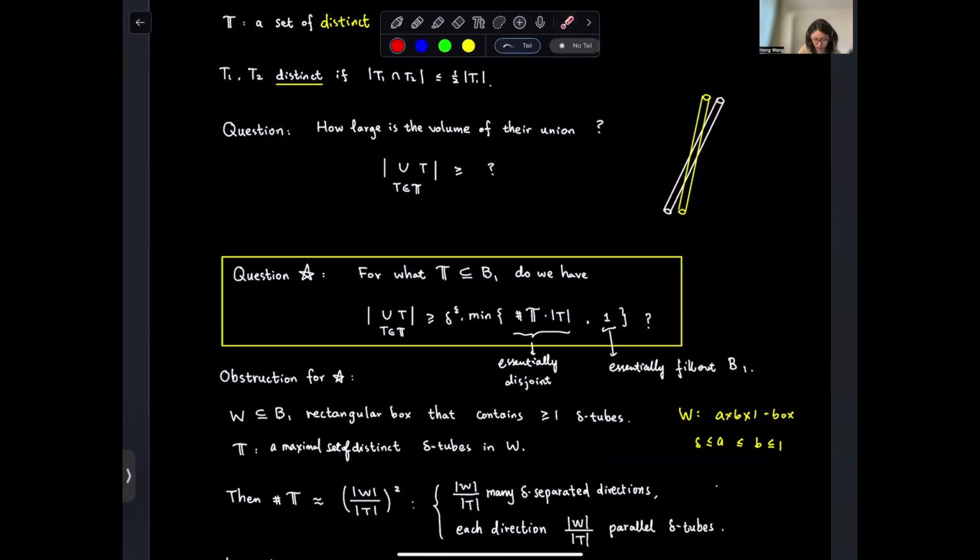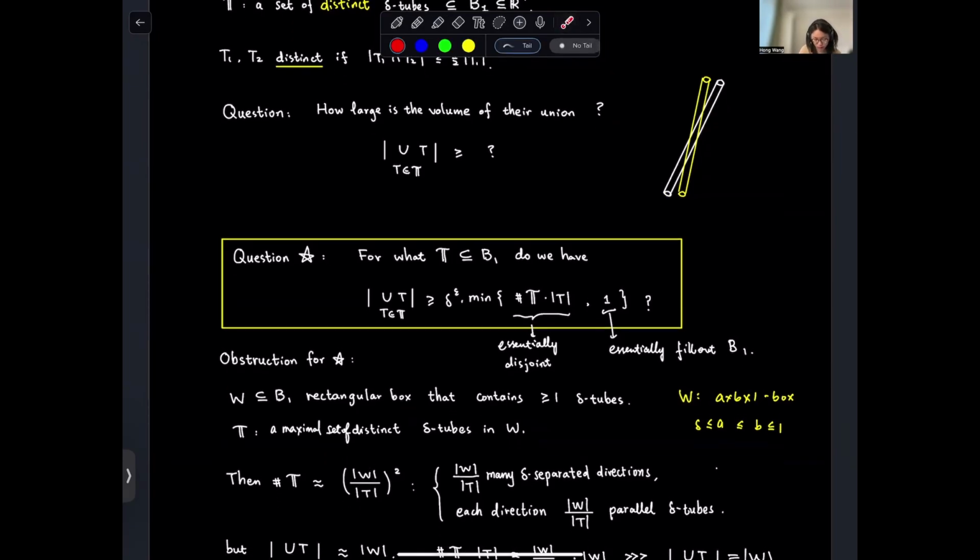And then how many tubes are there contained in W? It is roughly the volume of W divided by the volume of T, squared. The reason is that there are the volume of W divided by the volume of T many delta-separated directions contained in W. And for each direction, there are the volume of W divided by the volume of T many parallel delta tubes.